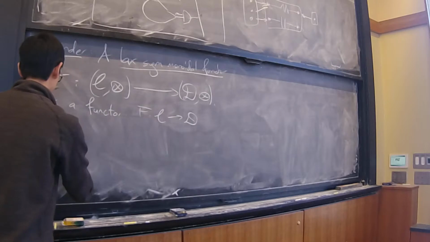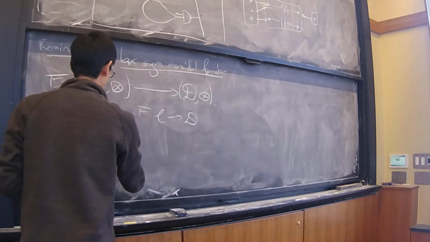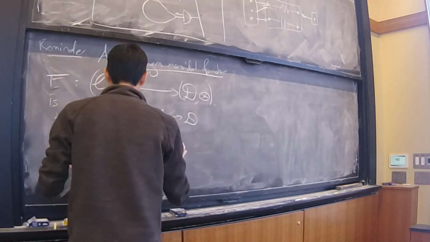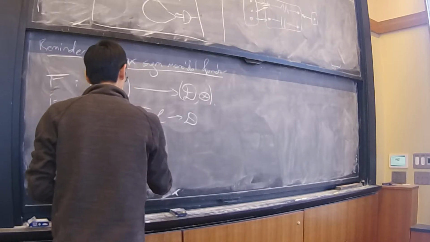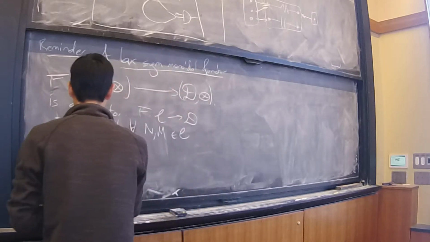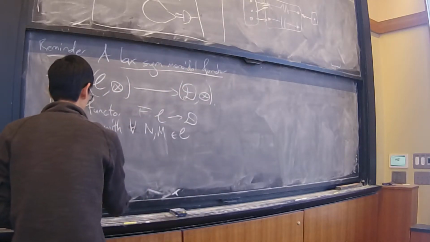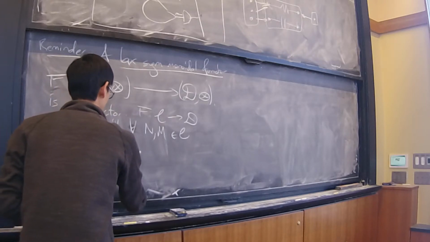But it also respects the monoidal structure in what's called a lax way, together with morphisms for all objects. What does this mean?